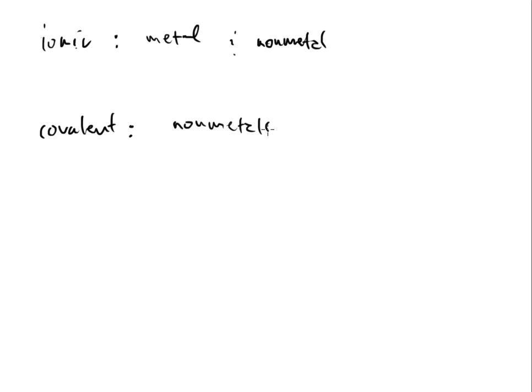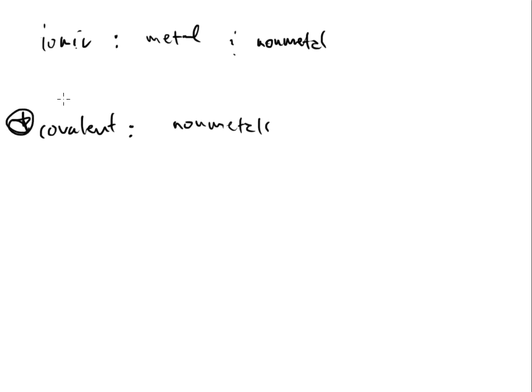If you have all non-metals that are all the same, so two guys or two girls, that would be called a covalent bond, all right? So we have both of these types of relationships that are out there in chemistry, and this is normal and it's okay, right? What we're going to focus on with organic, though, is the covalent bond.